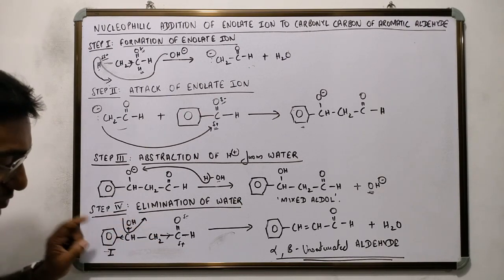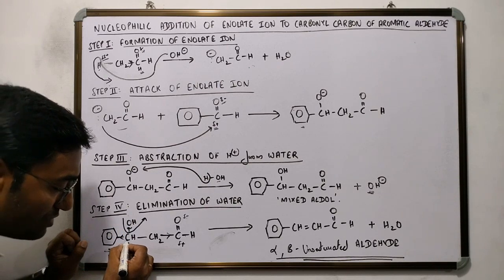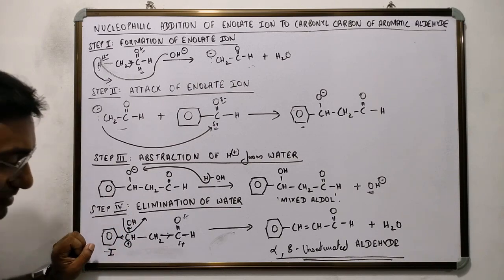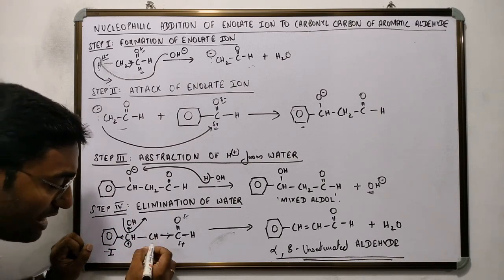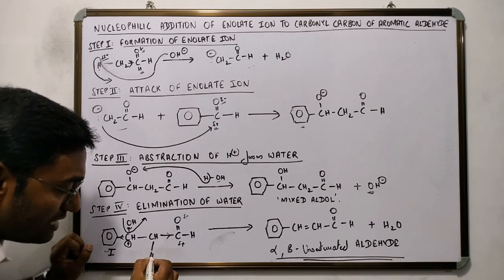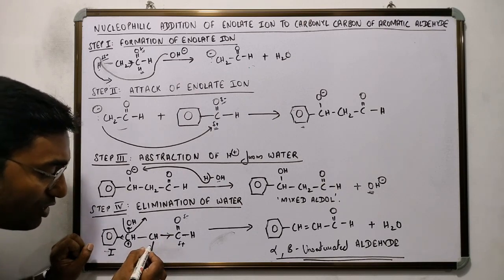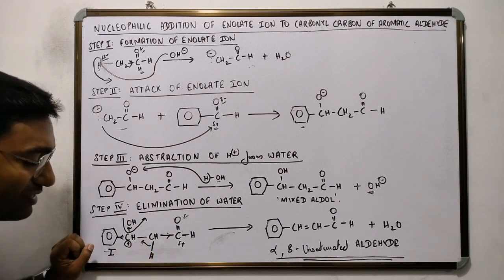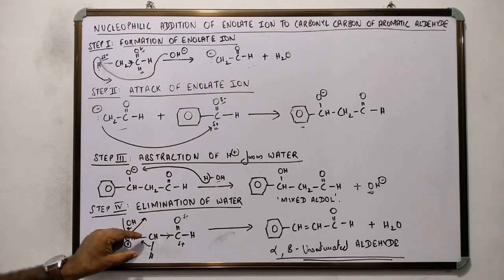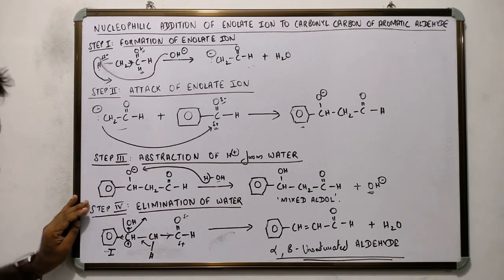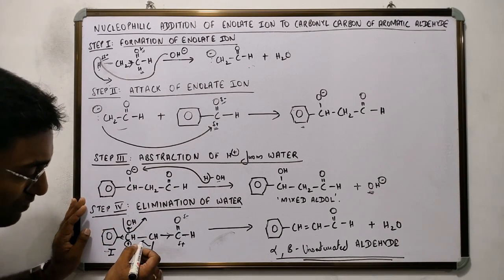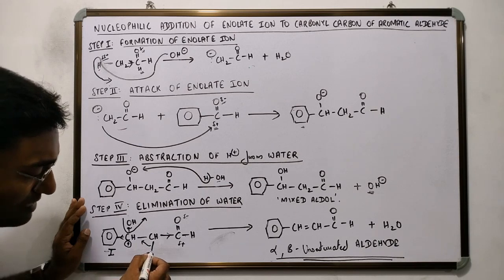When the OH minus dissociates, a positive charge comes on this carbon atom. The positively charged carbon atom now attracts the nearest electron pair towards itself, that is the nearest electron pair from the alpha carbon and alpha hydrogen. When this electron pair is pulled towards itself, H plus dissociates.